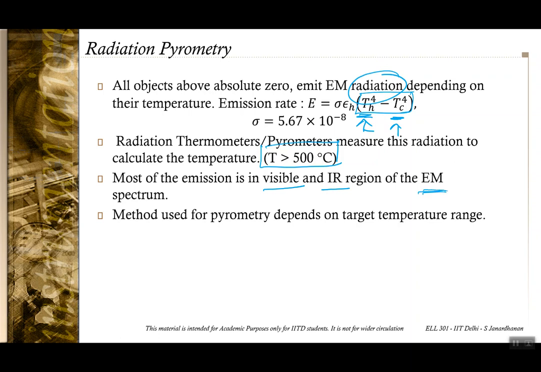And the main advantage of radiation pyrometry is it's a non-contact type instrument. Non-contact type instrument, which means that I can have a pyrometer, and the pyrometer need not be located in the location where the hot body is.